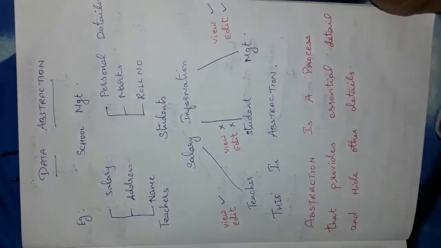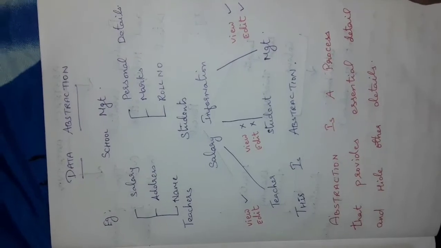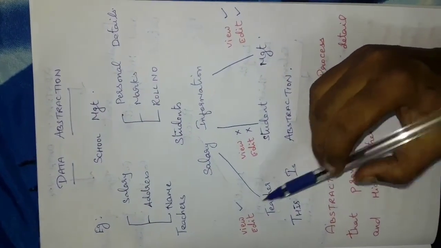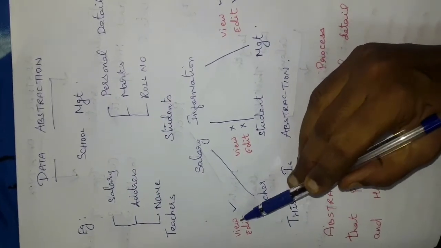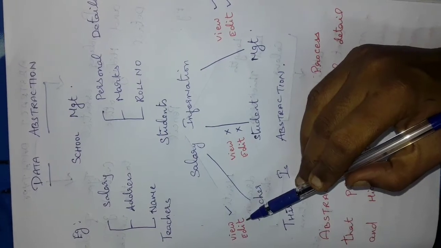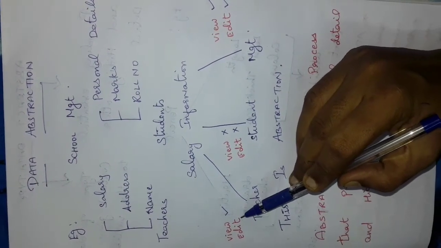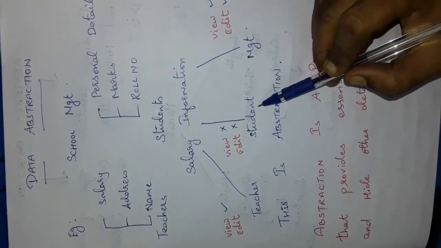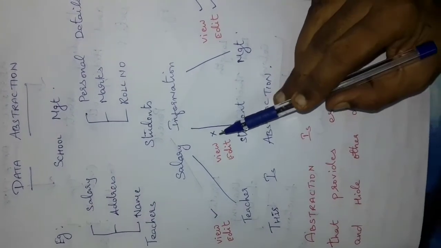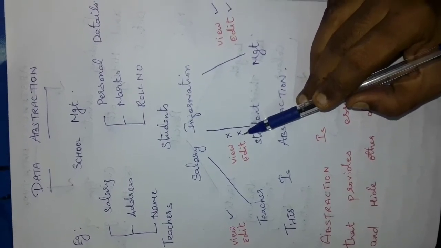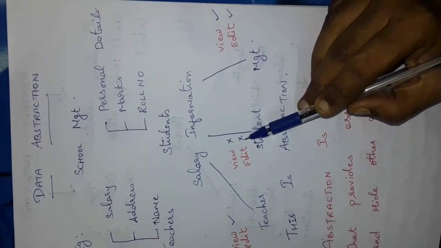Now we'll take the example of salary information about a teacher. A teacher can view the salary which is given to him or her, but he or she cannot edit the salary information. A student cannot see or edit the salary information of a teacher.